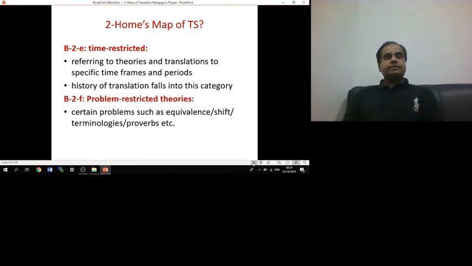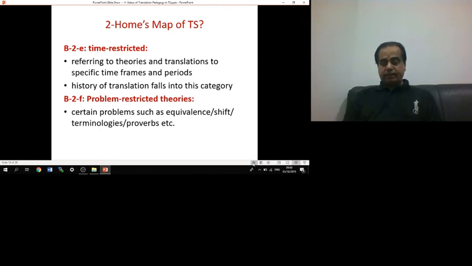Okay, time restricted partial theories refer to theories of translation tied to specific time frames and periods. The history of translation falls into this category. When we talk about time restricted partial theories of translation studies, we can take the example of what happened in the Abbasid era. What kind of books were translated, and then we try to reach some theories related to that.